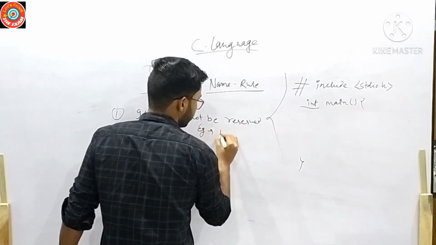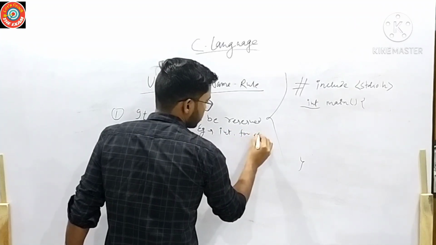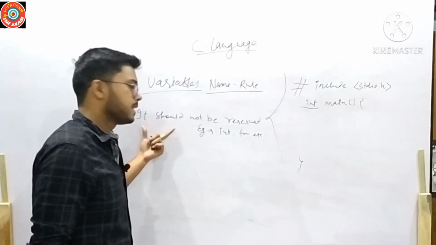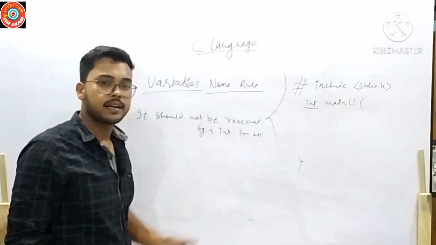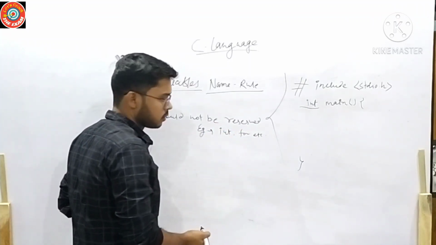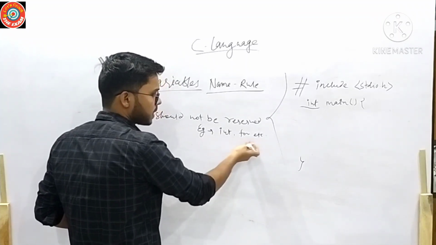For example, int for. As I told you, it should not be a keyword, because keywords are reserved. It has some meaning, so we cannot use it.